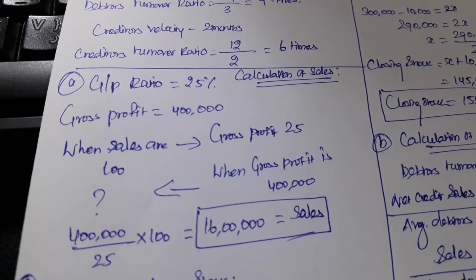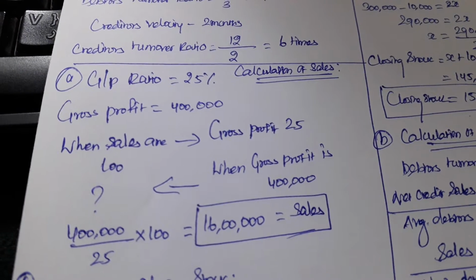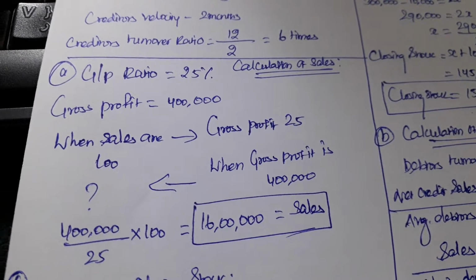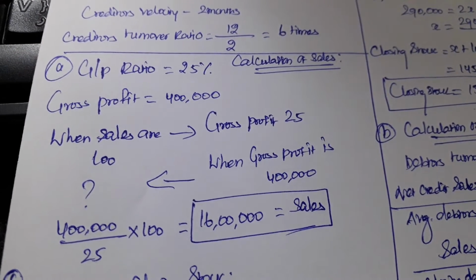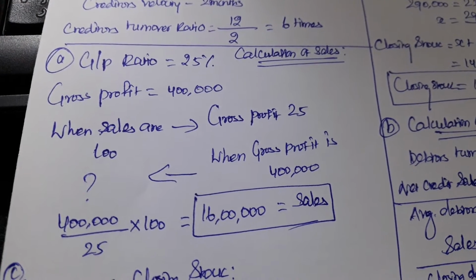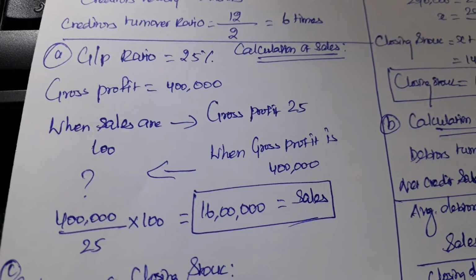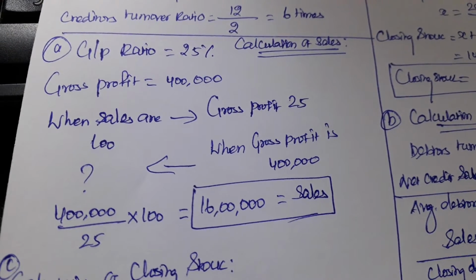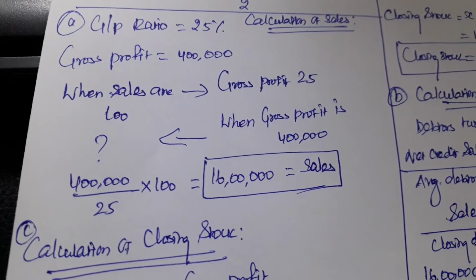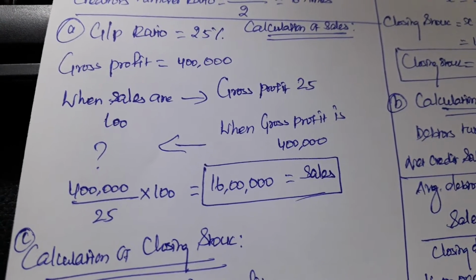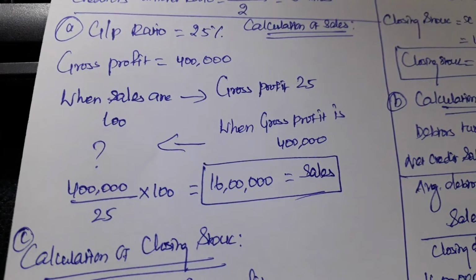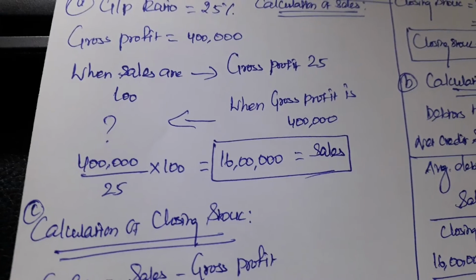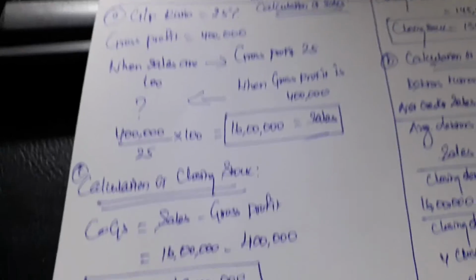Gross profit is 25%, which means if the sales value is 100, we get 25 as profit. But we have the gross profit as 4 lakh, so what would be the sales? If we divide 4 lakh by 25 and multiply with 100, we get 16 lakh. It is our sales value.